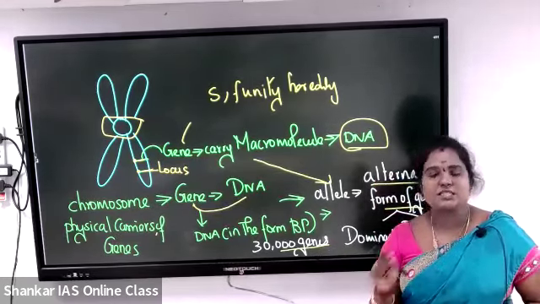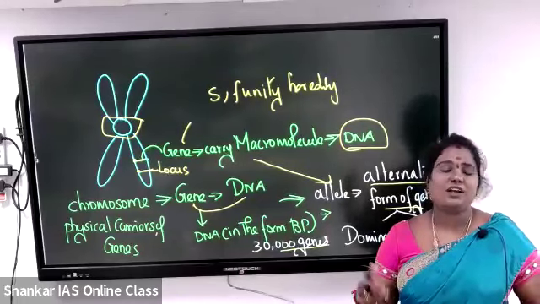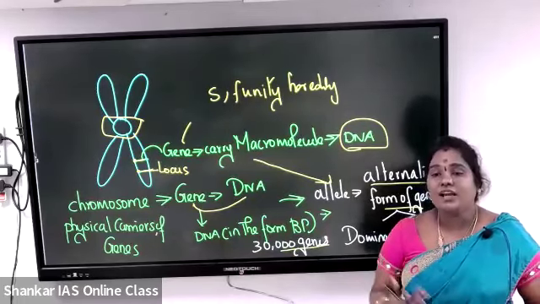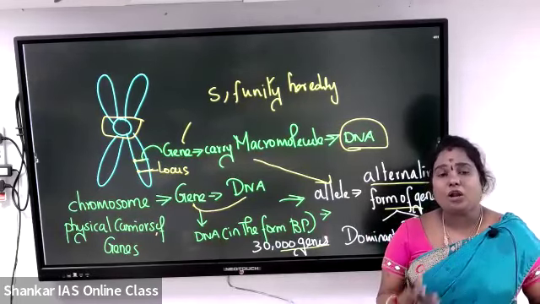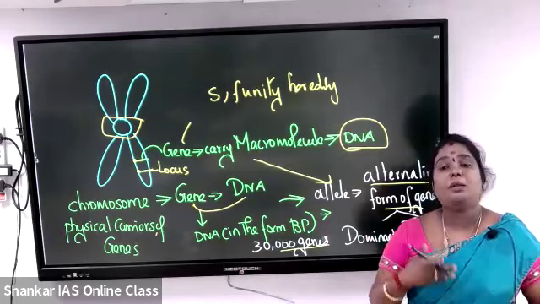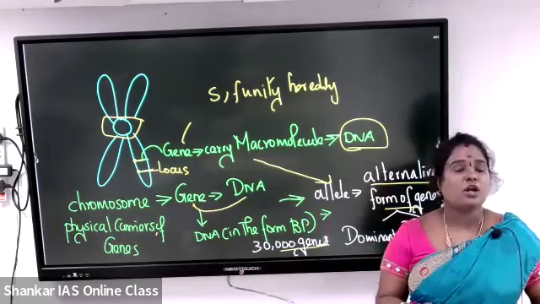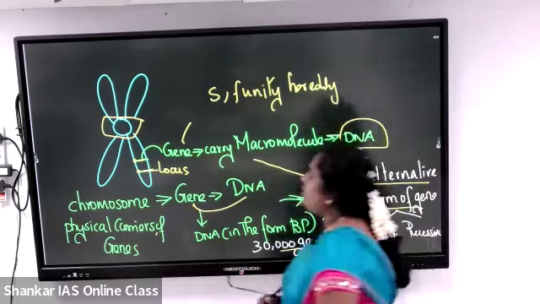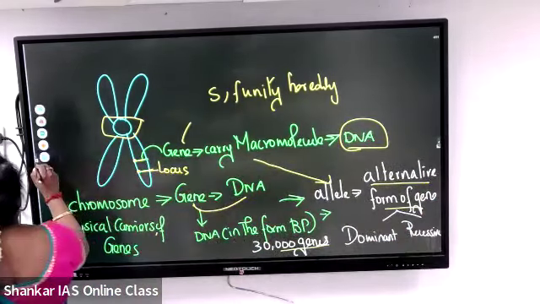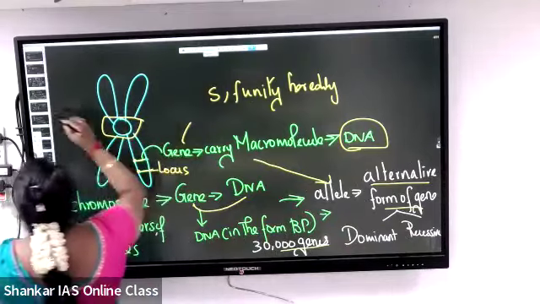In simple words, the gene is a discrete chunk of a DNA molecule, and we have approximately 30,000 genes in our body. Now we are going to learn in a better way. The genes also contain another intermediate compound called alleles. So now in detail, we'll see what an allele is.